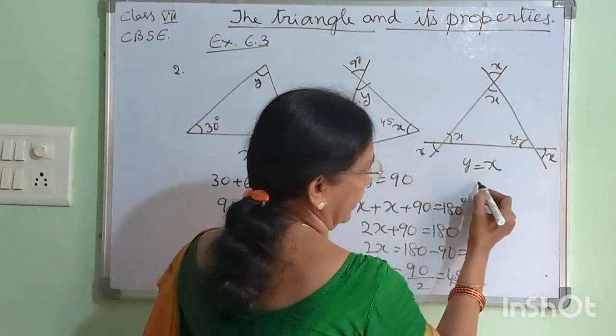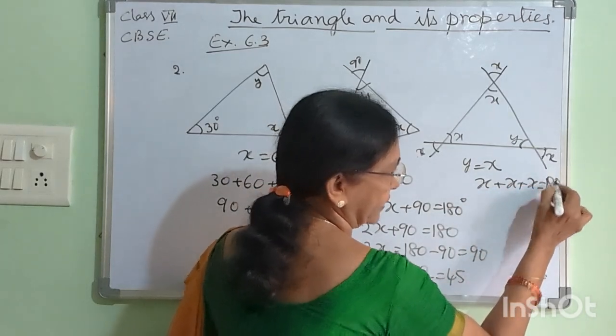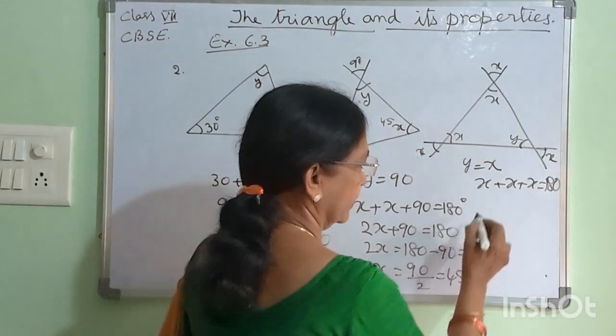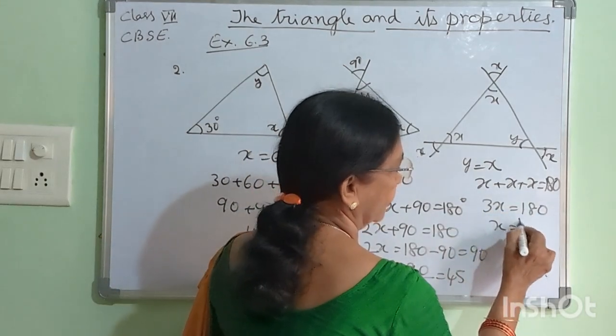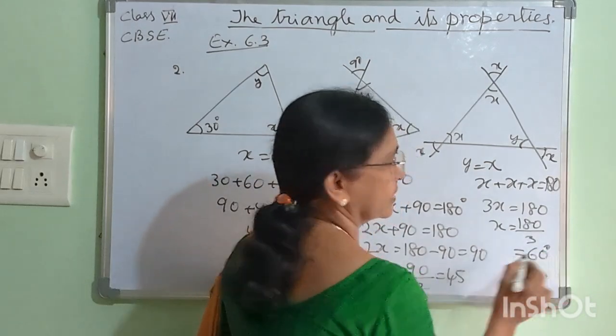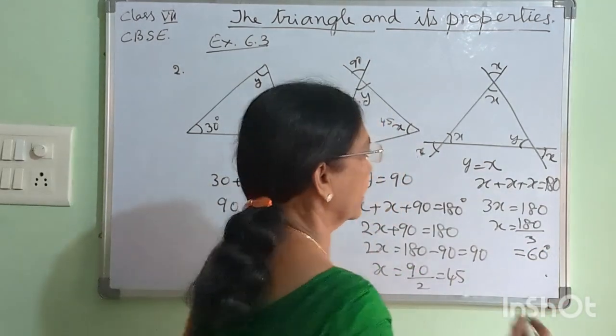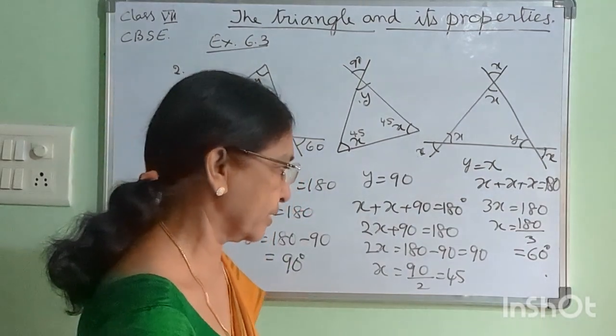All the three are equal to x. X plus x plus x is equal to 180 degrees, angle sum property. Therefore, 3x is equal to 180 degrees, or x is equal to 180 by 3, which is equal to 60 degrees. Therefore, equilateral triangle. All the three angles are equal to 60 degrees.